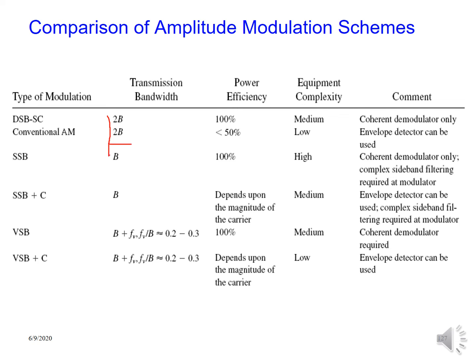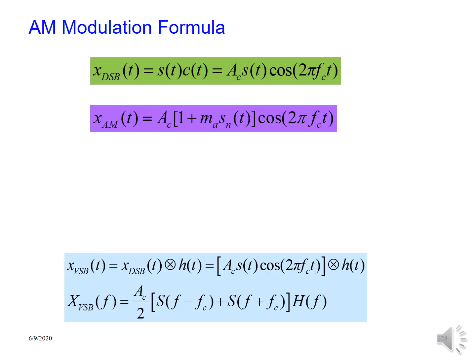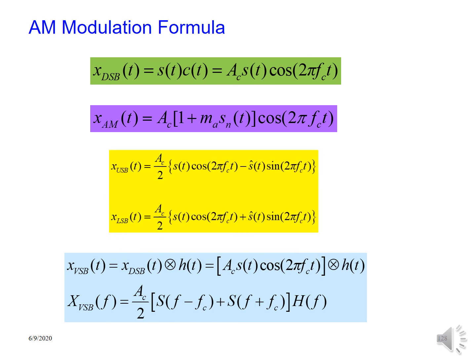This one is double, and these three will be 2B, and VSB will have some efficiency, where a small f is added. And then this is the formula for DSB for amplitude modulation, for single sideband SSB, the yellow one, and VSB.